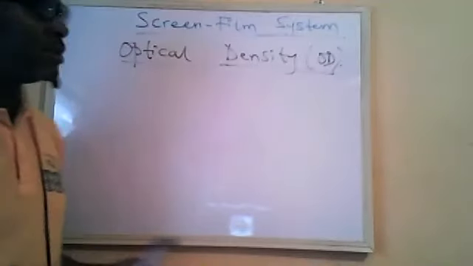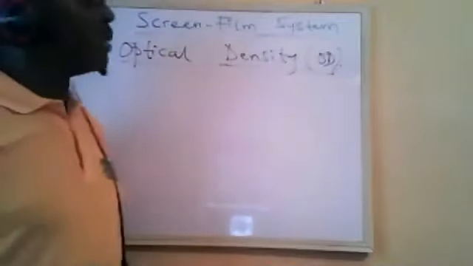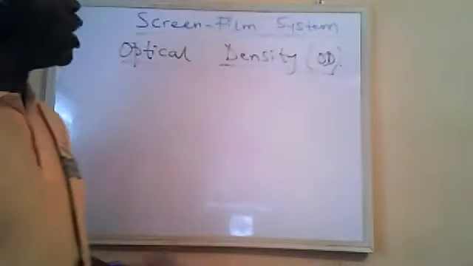Optical density is a term that we use to describe the darkening of film. How much is a film darkened? The amount of darkening of the film is described in terms of this word, optical density.